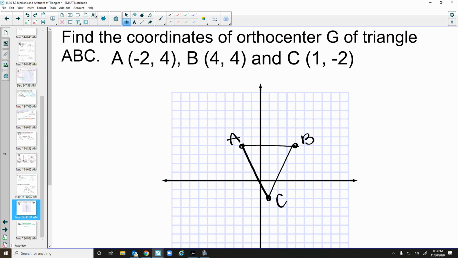With an orthocenter, there has been no relationship about things being congruent, like sides. There's been no relationship about anything with distances. The only thing that happens with an orthocenter is that it's made up of altitudes.